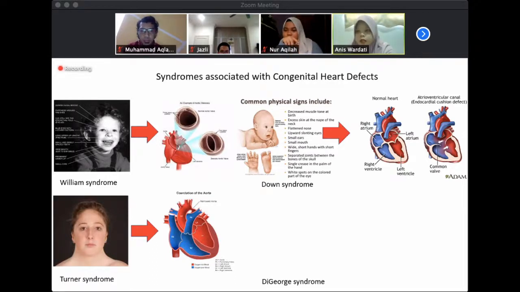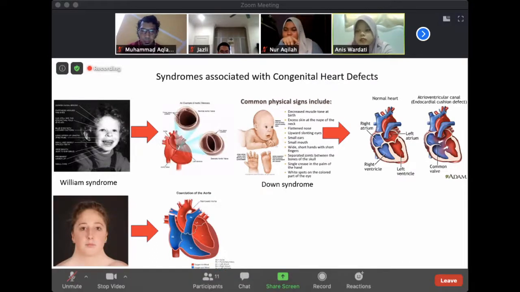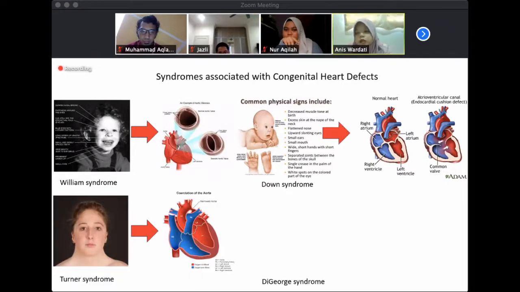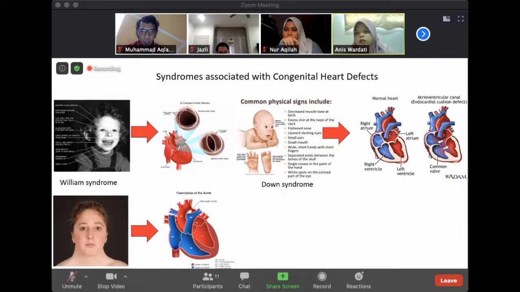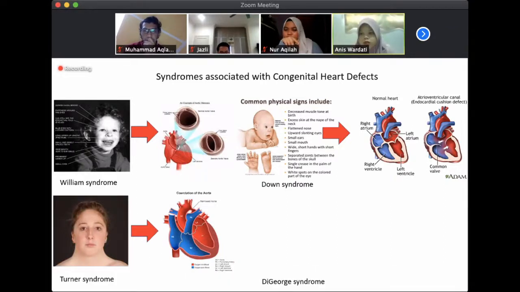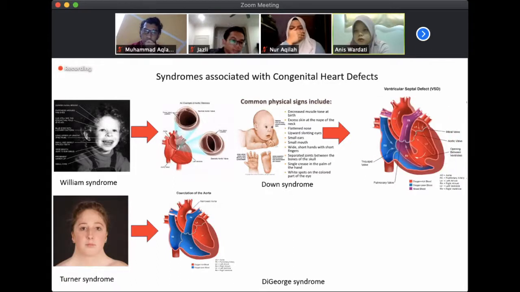that is AVSD, and the commonest is the complete type, which means there is a connection between the atrium and the ventricle, and also a deformity of the atrioventricular valve. The next congenital heart diseases are ventricular septal defect, isolated VSD, and then isolated ASD.